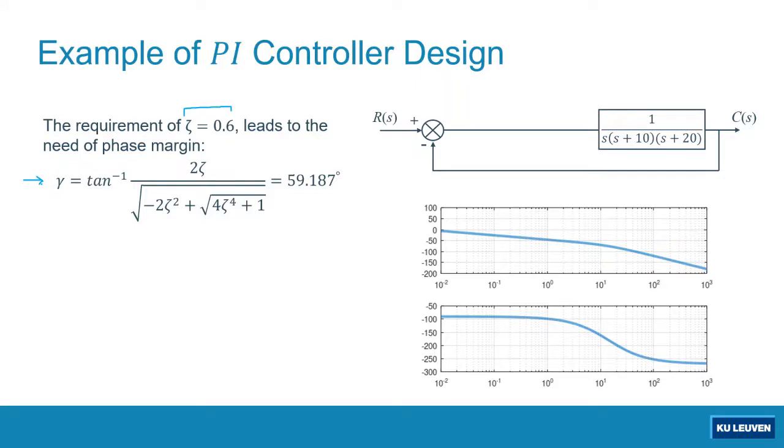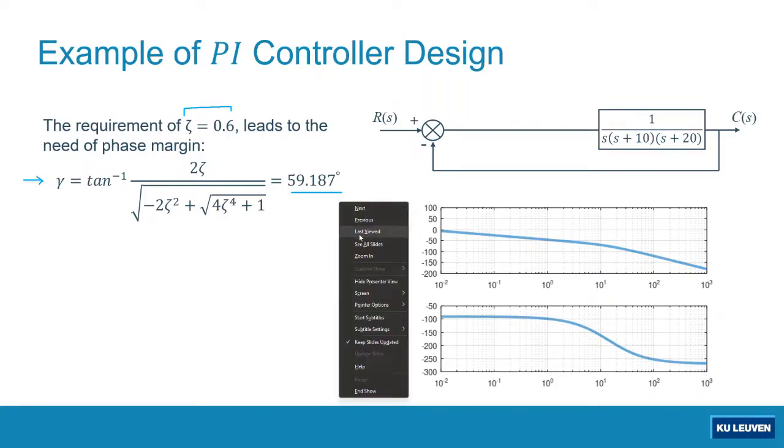So from this requirement, I can translate the damping ratio requirement to a phase margin requirement. Using this formula, I know that the required phase margin now will be equal to 59.187 degrees.